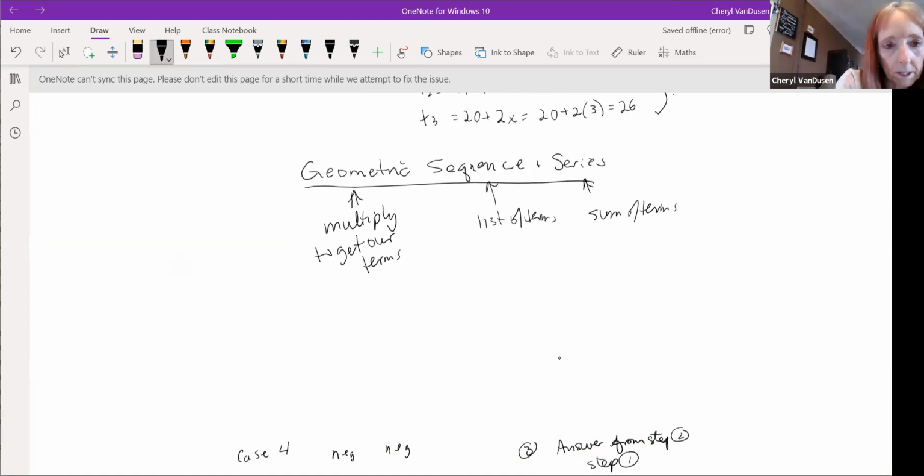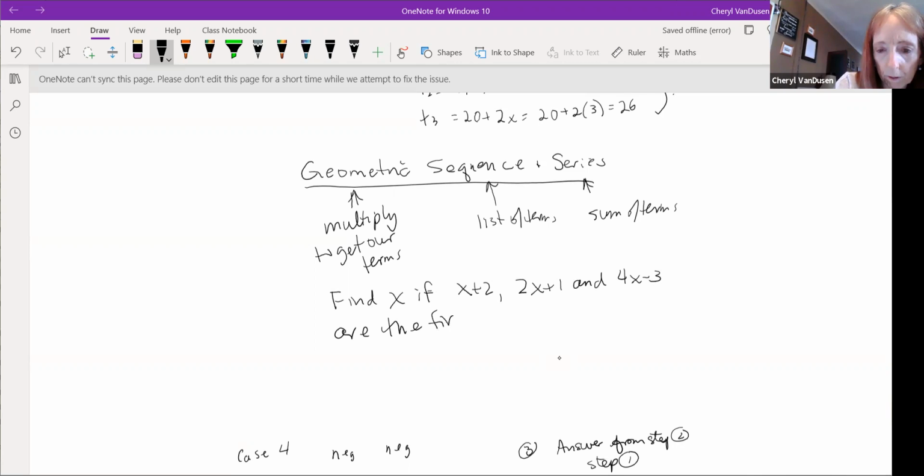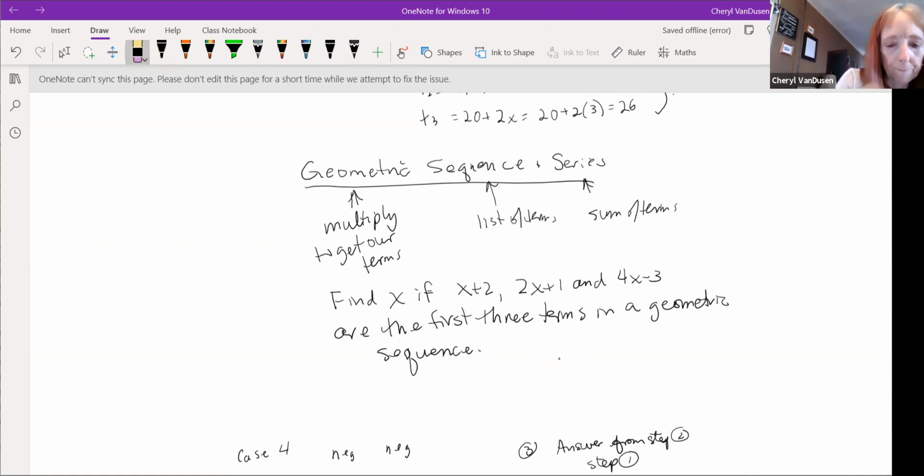Find x if x plus 2, 2x plus 1, and 4x minus 3 are the first 3 terms in a geometric sequence.